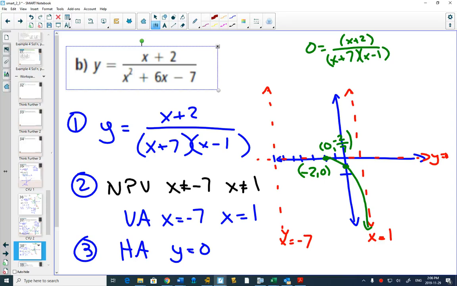So you can't introduce new x-intercepts because we found out there's only one of them.